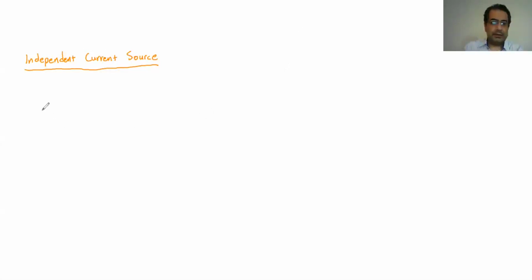And again, similar to that, for the independent, we show them with the circle. If it's a battery, we put plus and minus here. If you put plus and minus, it means it's a battery, a voltage source. If you put the arrow, it means that it is a current source. And the direction of the arrow shows which direction it is going to provide the current.